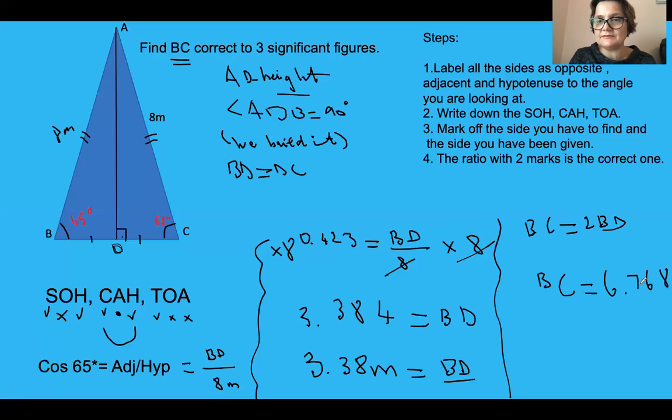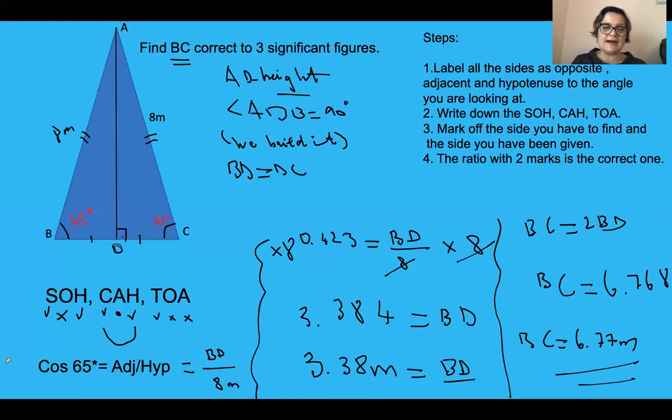Again, 3 significant figures: 1, 2, 3. The digit 8 is bigger than 5, which means we round up. So BC equals 6.77 meters long, just like that.